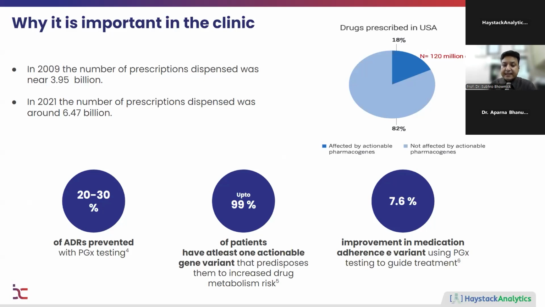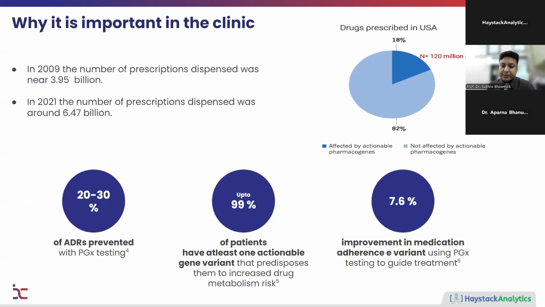Now, this is a very important piece of information: every patient who comes into your clinic will have a genetic variant one way or the other. So you cannot just prescribe these very important drugs blindfolded.